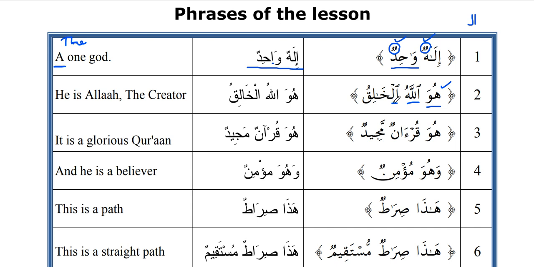Al-Khaliq, yes, it has an al, so this is a definite noun. And in the standard script, you can see Huwa Allahu Al-Khaliqu. So if you see an al, that means the translation would be He is Allah, the Creator. This Al is translated as the Creator.